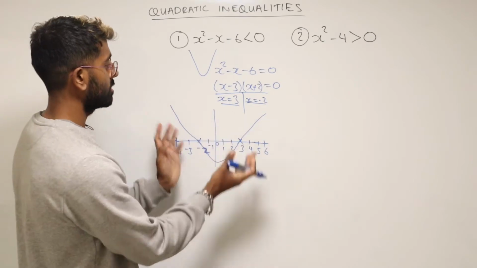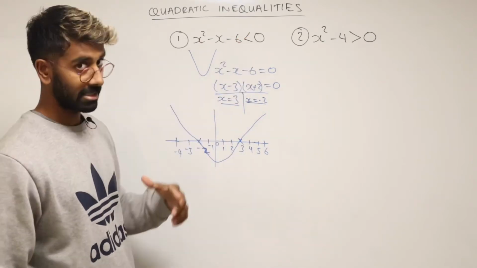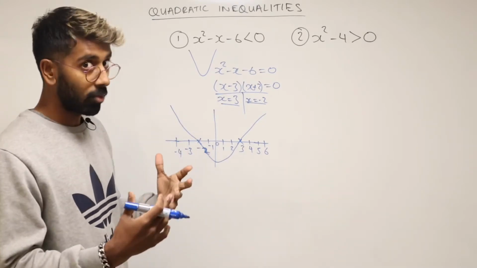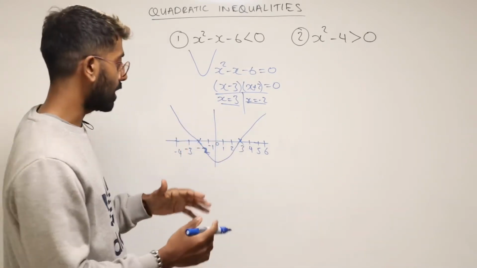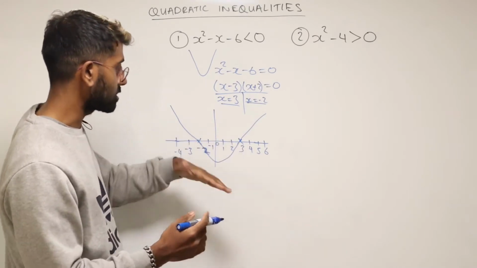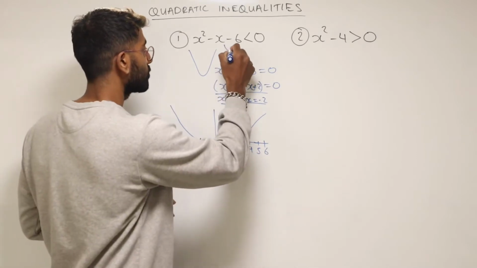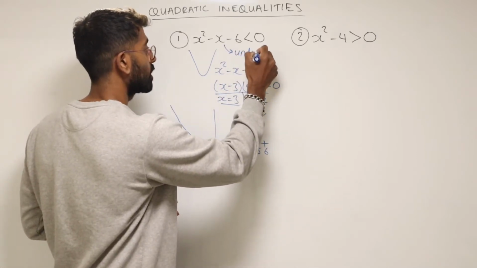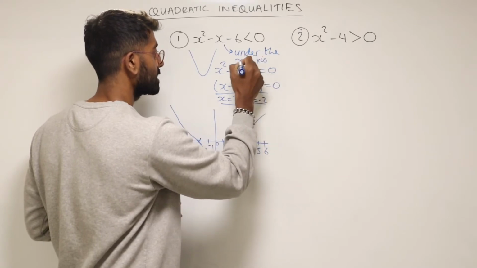Now what we needed to do was find out where this graph is less than 0. Now when it's less than 0, what it means is underneath y is 0. So underneath the x-axis. That's what it's asking for. So when it says the graph is less than 0, what you're looking for is where it is under the x-axis.